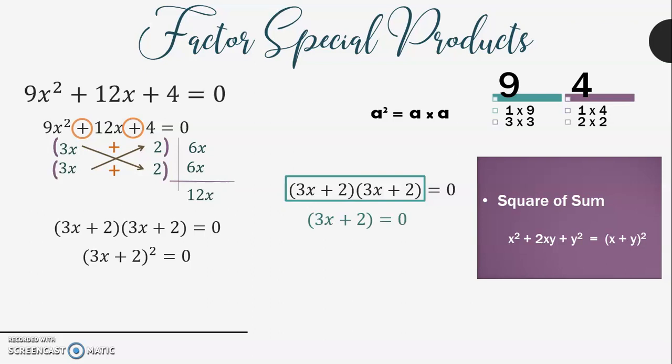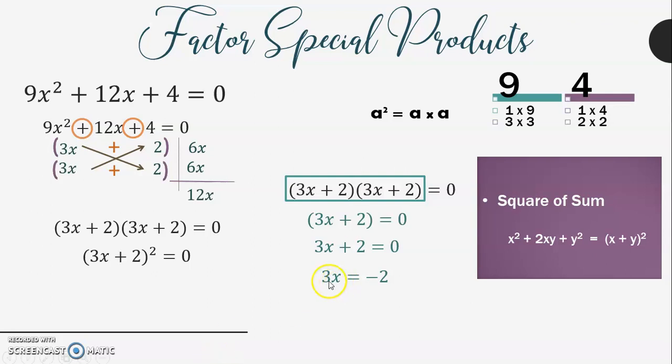So here, what do I need to do? Well, I need to take away my parentheses. And after taking away my parentheses, I need to move this positive 2 to the other side, doing the opposite operation. If here it is adding, on the other side it goes subtracting. So I move it to the other side: 3x equals negative 2.